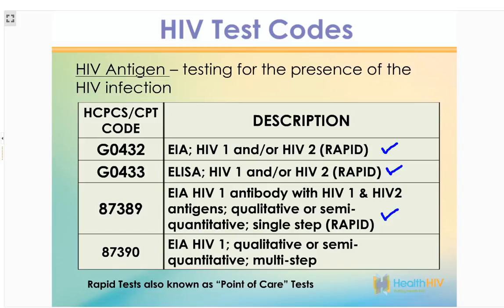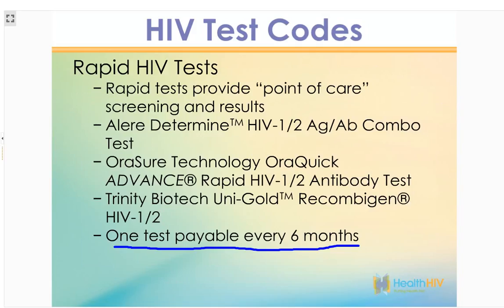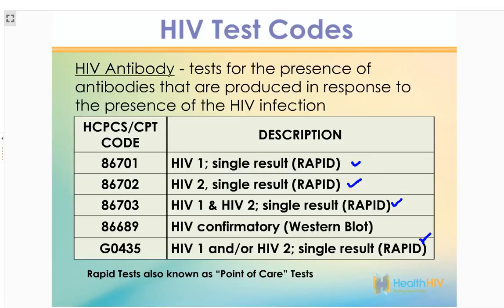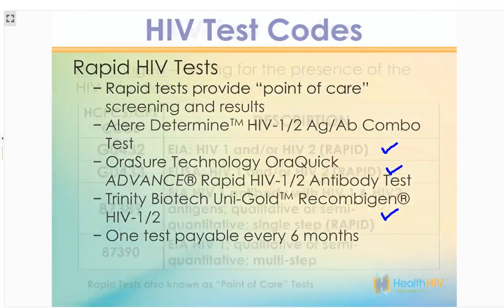The antibodies, you have your EIAs, your ELISAs. These codes just describe the methodology that was performed using these tests. Depending on what methodology your physician decides to use will determine which test code you would select for the HIV tests that you're going to perform in your office.